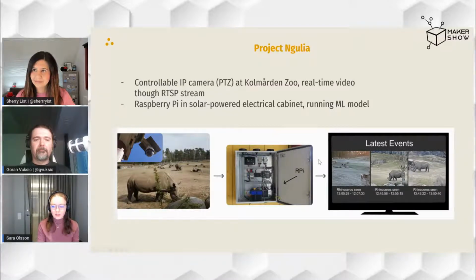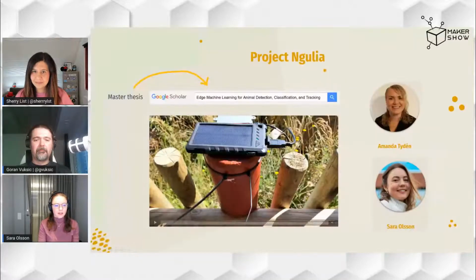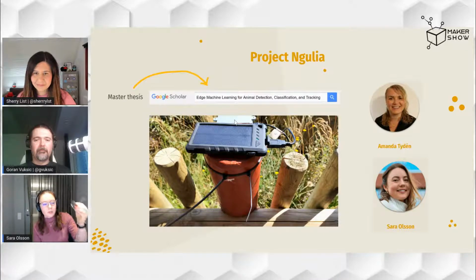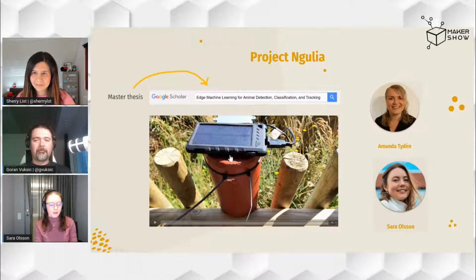I just want to mention that after this setup, we tried to use various microcontrollers like this ESP32 to capture images and send them to the Raspberry Pi instead of having the large IP camera.